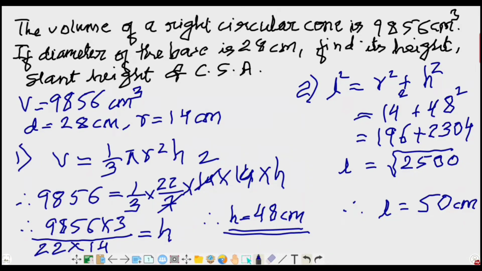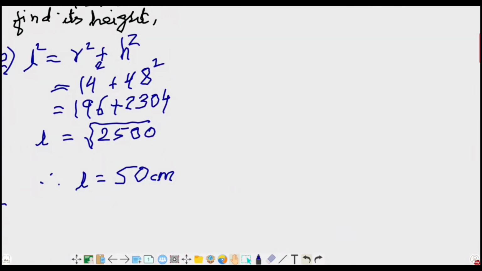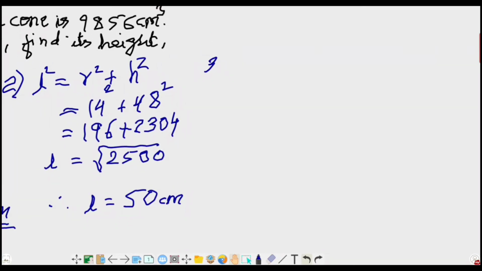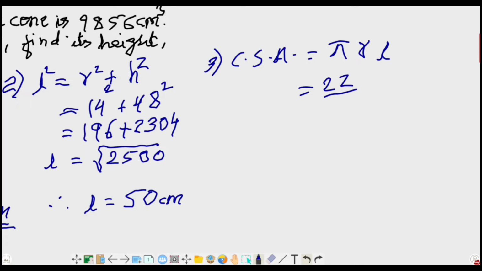Now what else is remaining? Curved surface area. Now if you know the slant height, easily you can calculate the curved surface area, students. So your curved surface area, that is equals to pi r L. Your pi is 22 by 7.